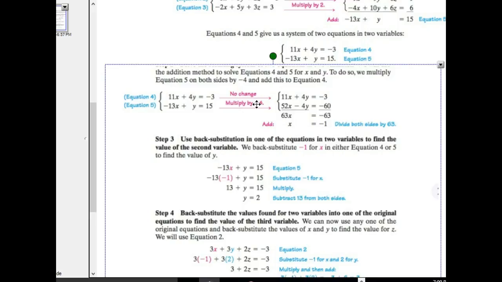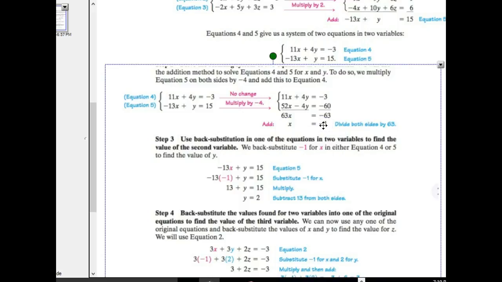Now notice that we have a positive 4y and a negative 4y, so that when we add those together, we end up with 63x equals negative 63. When you divide both sides by 63, you end up with x equals negative 1. So we have solved for one of the variables.